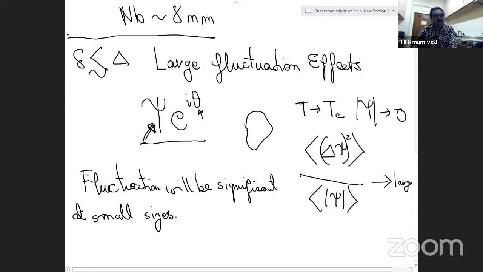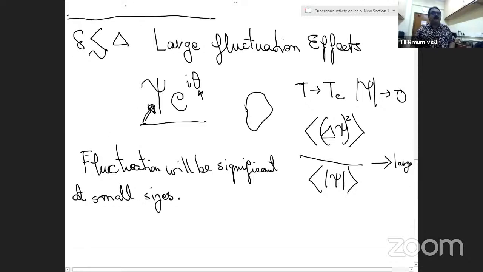Small sizes means how small? Not so small that you have destroyed superconductivity, but also not so large that you have a very well defined amplitude and phase. When this fluctuation becomes large, then the most remarkable effect is that you start getting fluctuation superconductivity above Tc.